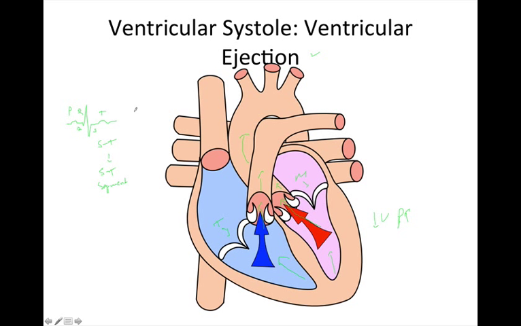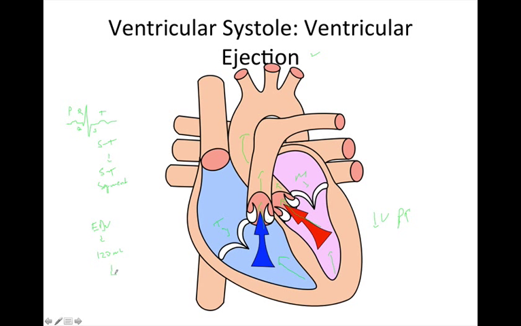Oh, and then remember that concept of end diastolic volume, EDV. The ventricles' end diastolic volume is about 120 milliliters of blood. Each ventricle is full of about 120 milliliters of blood.